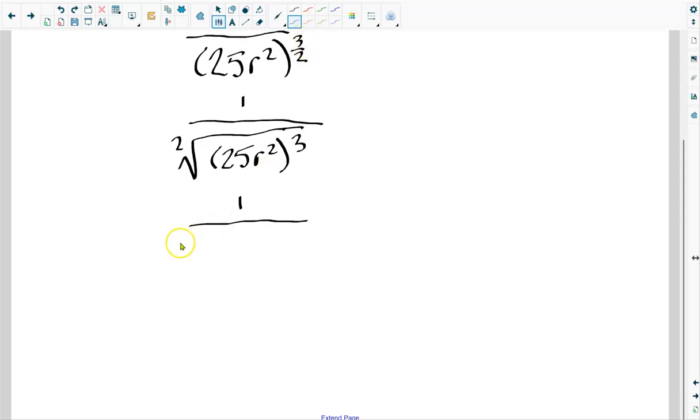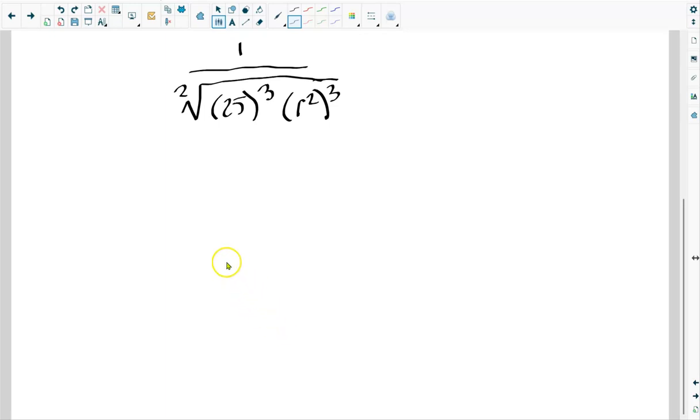So we're going to have 25 with the 3, and the r squared also with the 3 exponent. This is going to allow you to save some time and do them all the same way, so it's a win-win.